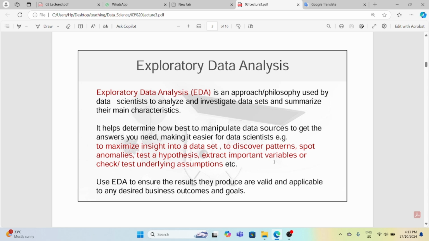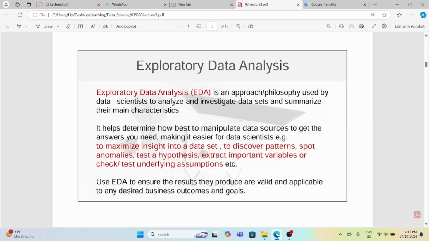It helps determine how best to manipulate data sources to get the answers you need, making it easier for data scientists, for example, to maximize insight into the data sets, to discover patterns, test hypotheses, extract important variables, and check the underlying assumptions.